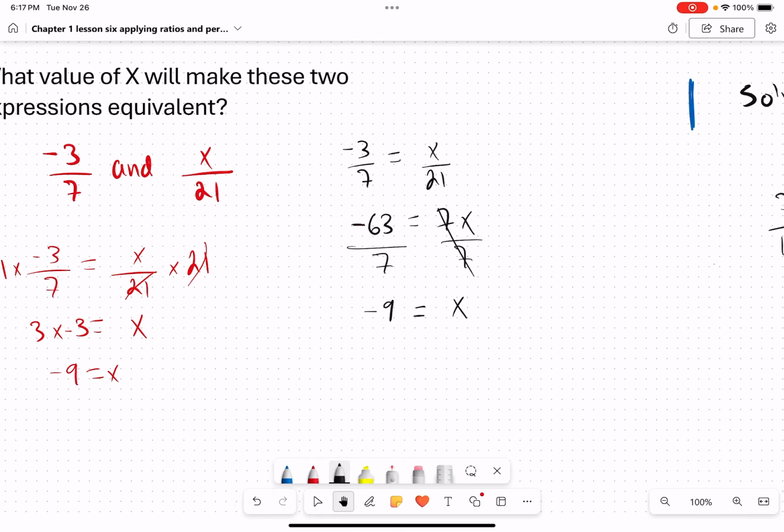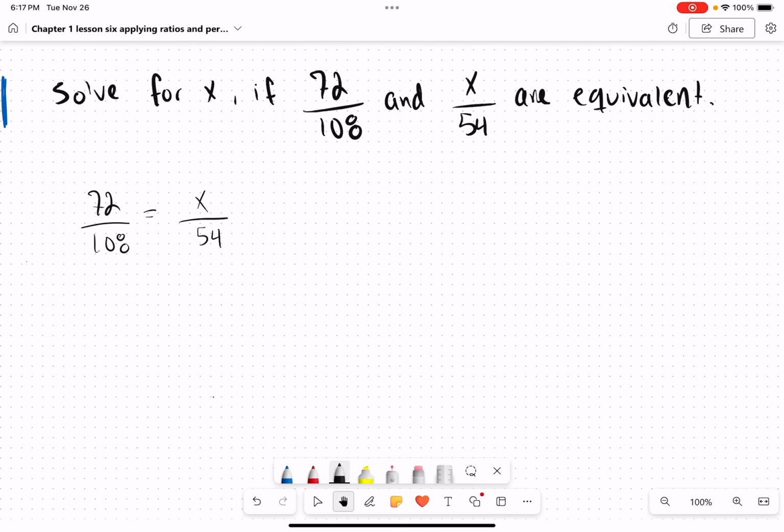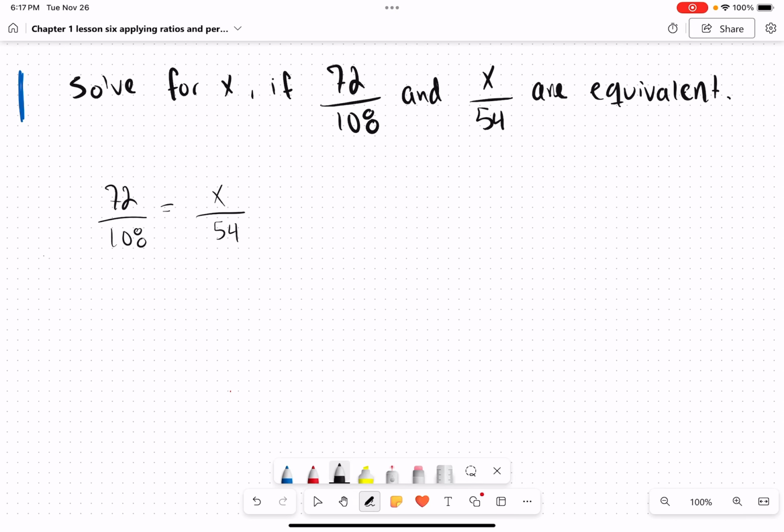Now let's take a look at a second example. Solve for x if 72 over 108 and x over 54 are equivalent. Again, we must write them equal to each other.